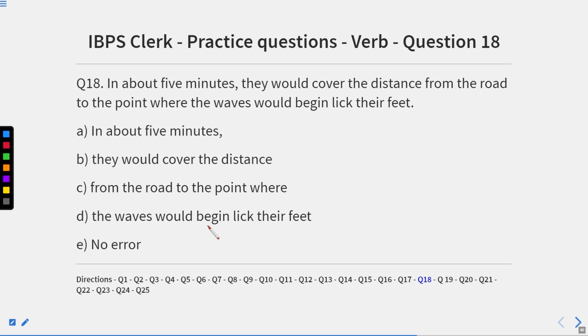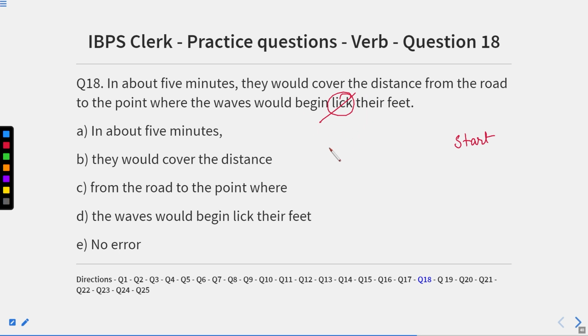In about 5 minutes, they would cover the distance from the road to the point where the waves would begin lick their feet. Again, where the waves would begin. So whenever we have something which is initiating something else, here, whenever we have the word start or begin, we have the following verb in ing form.